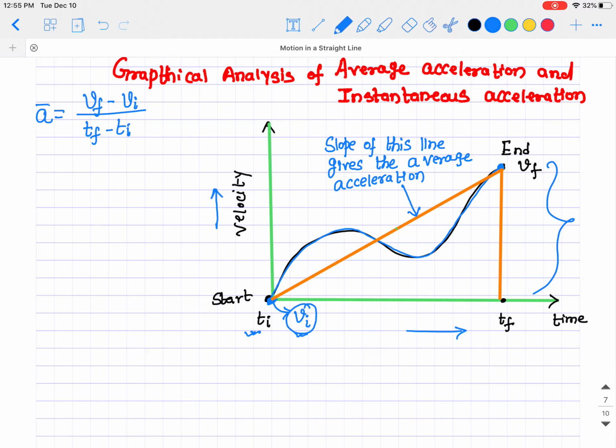Now, how do I find the instantaneous acceleration? The instantaneous acceleration, let's say at this point, is found if I draw a tangent at this point.